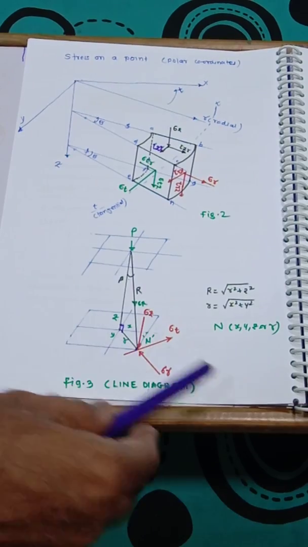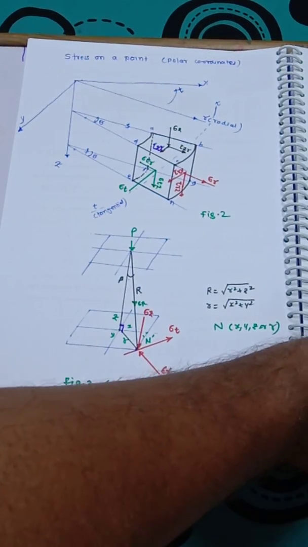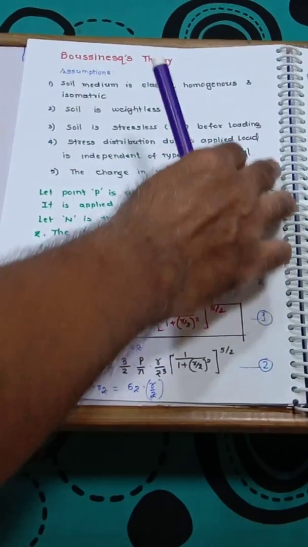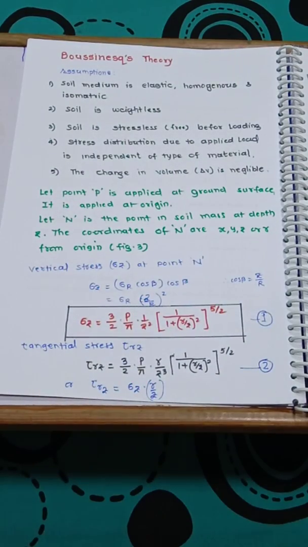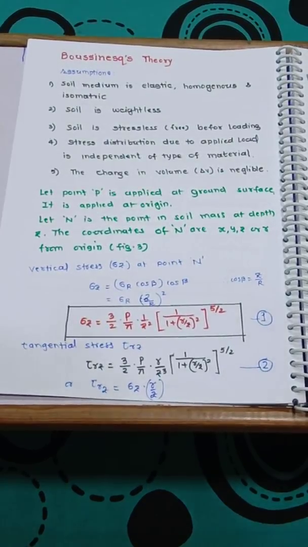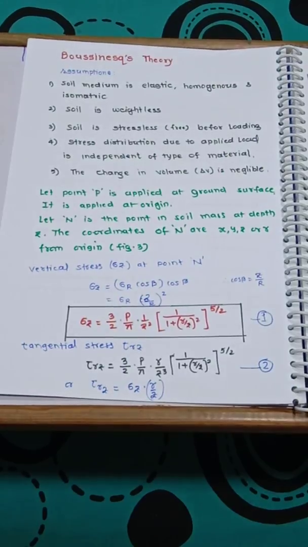This figure is useful when we start the first theory, the Boussinesq theory. It is a very old theory, still very useful for finding the stress distribution, that is sigma z.